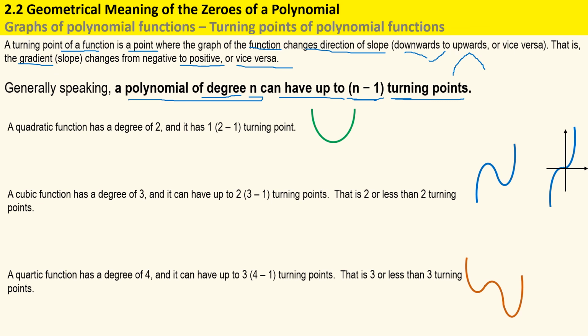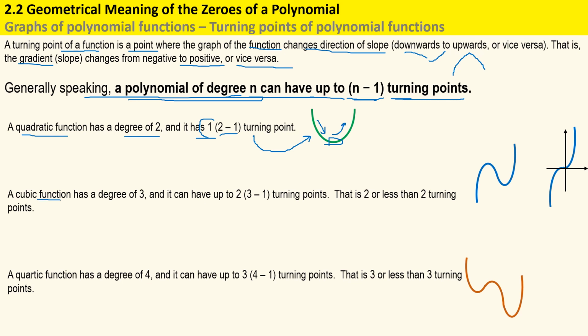And now let's talk about some shapes or some turning points in different types of functions. A quadratic function has a degree of 2, and therefore, as we just talked about, the maximum number of turning points it can have is 2 minus 1, that is 1. And that indeed is the case, because a quadratic function's graph generally looks like this parabola, and here is the turning point, where the slope is coming first downwards, and then after the turning point it goes upwards.